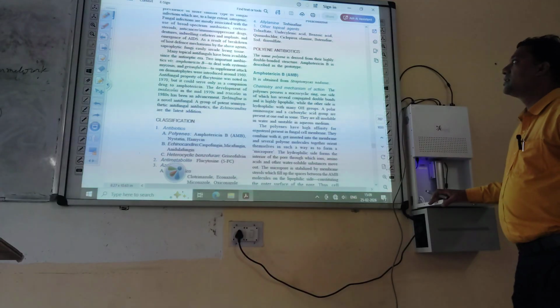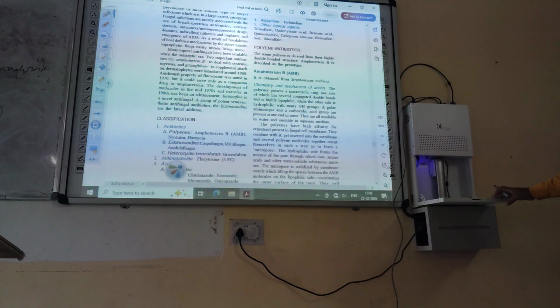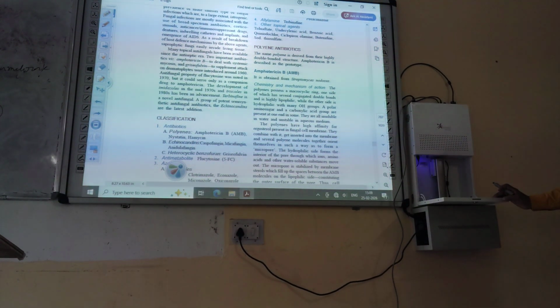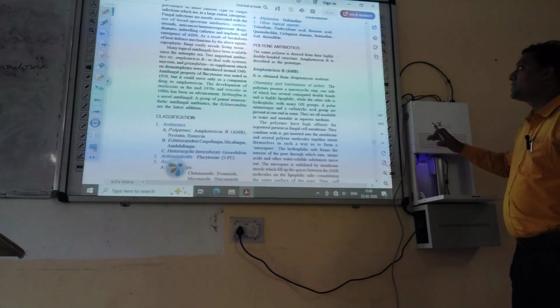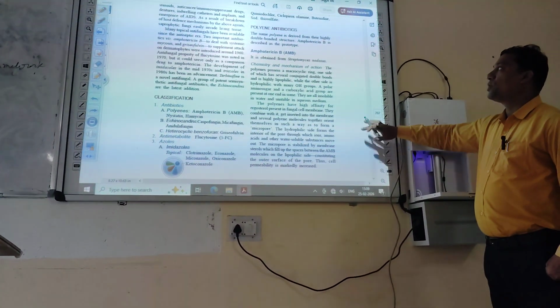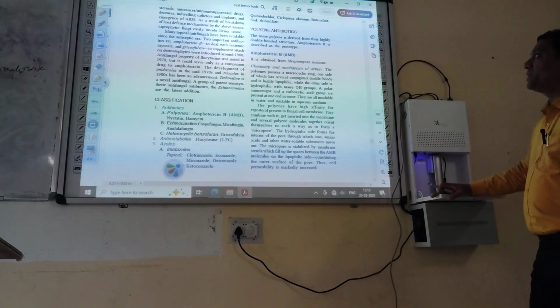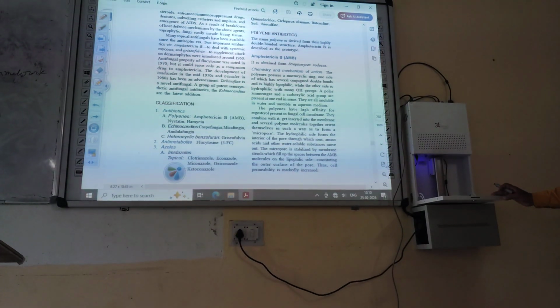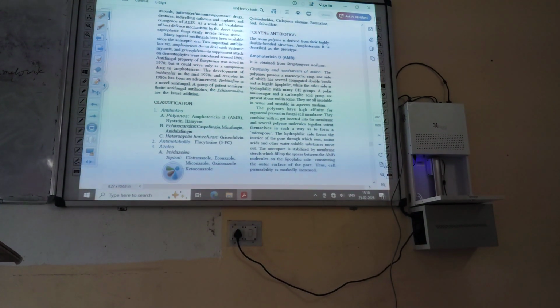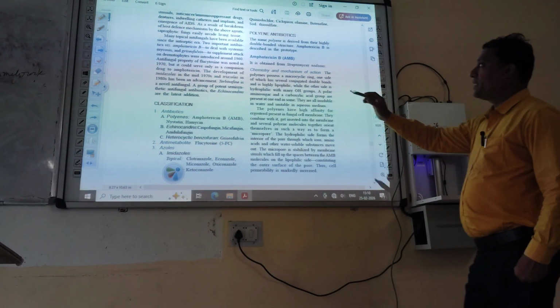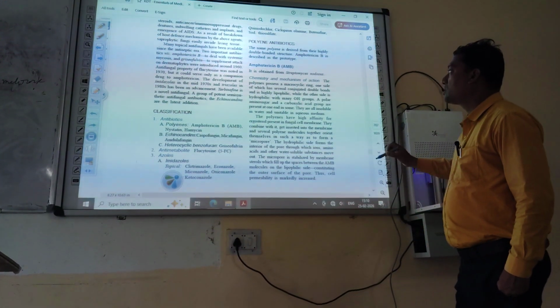Polyene antibiotics. The name polyene is derived from their highly double-bonded structure. Amphotericin B is described as the prototype. It is obtained from Streptomyces nodosus.